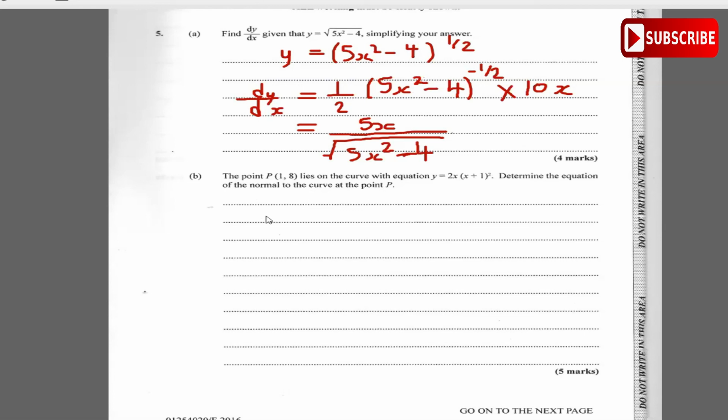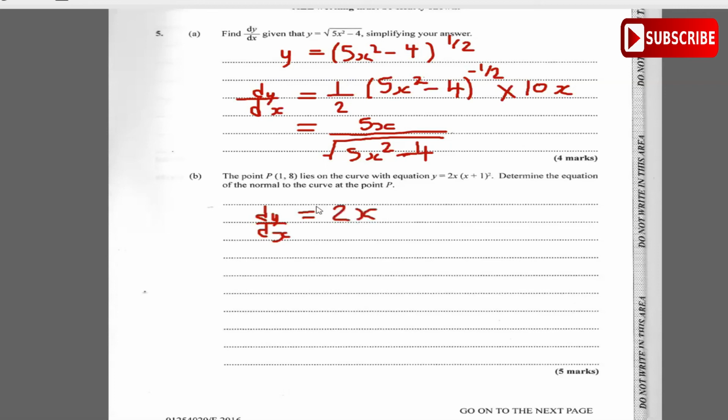So first thing, to find the equation of the normal, we need to find dy by dx. To find dy by dx for this curve, I'm going to have to use product rule.